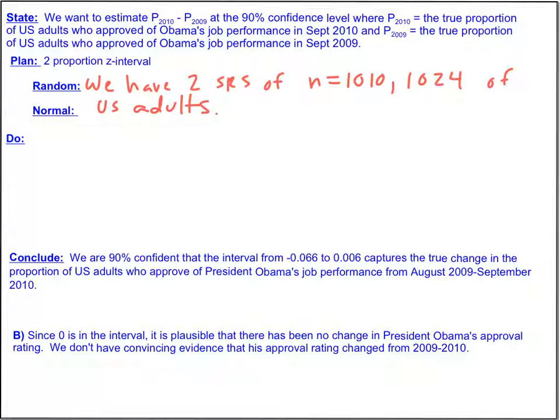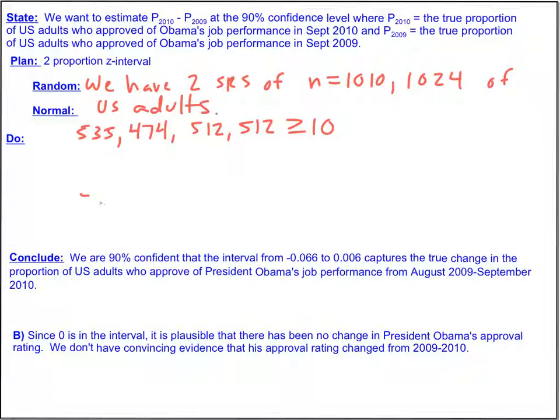For the first one, we had 535 that said yes, they approve of the job performance. 474 said no. 512 and 512, there it ends up being the same because it's 50-50. All those are way bigger than 10, so a normal approximation is good to go.